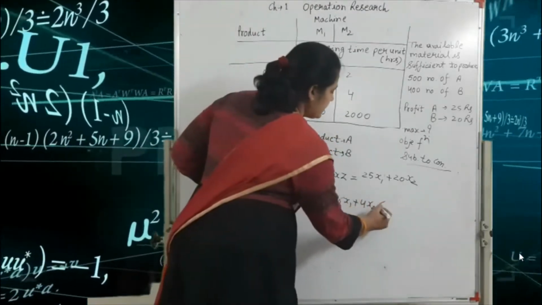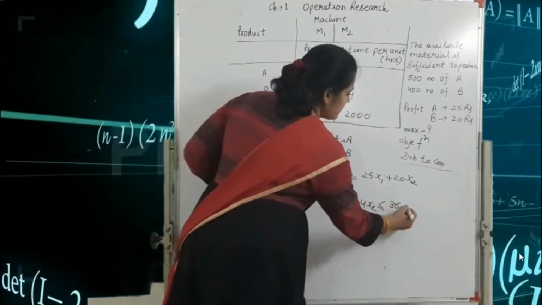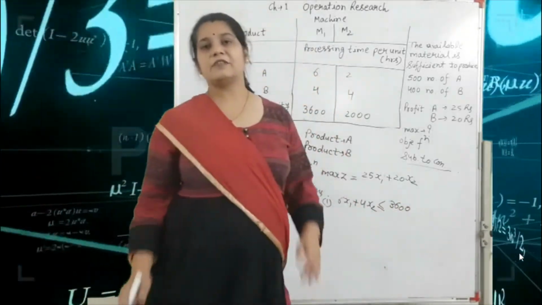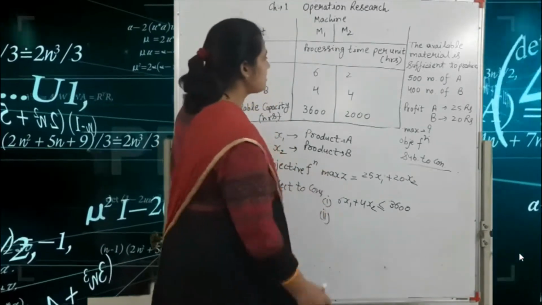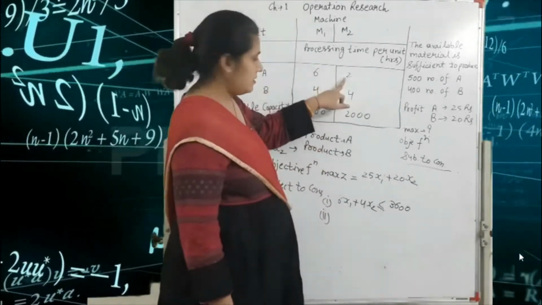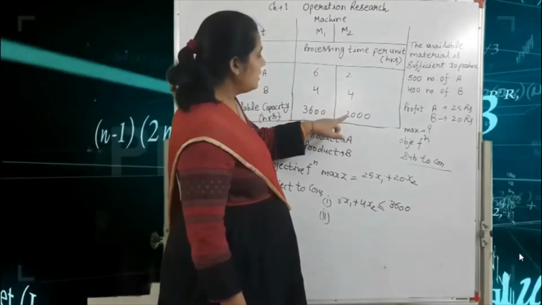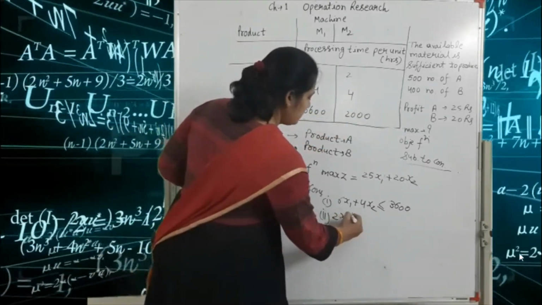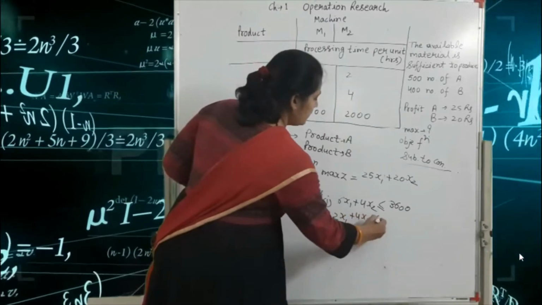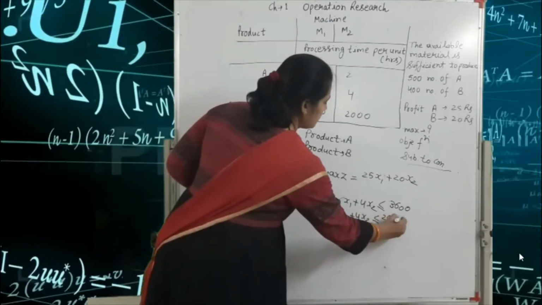So we write less than or equal to 3600. This is our first constraint equation. Our second constraint equation is 2x1 plus 4x2 less than or equal to 2000.